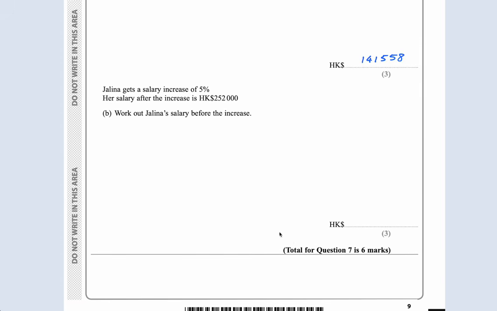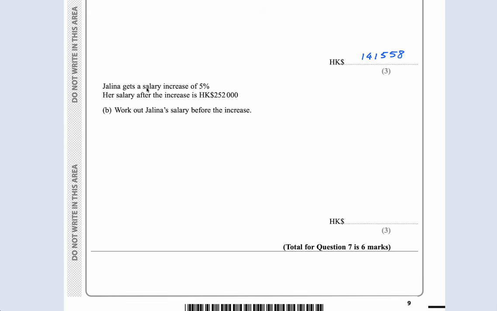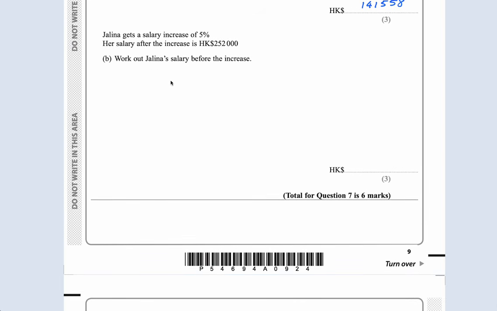Okay, part B. Jalina gets a salary increase of 5%. Her salary after the increase, be careful, after the increase is this. Work out Jalina's salary before the increase. So slightly complicated question, guys, because this is what we call reverse percentages. So the increase, this is after the increase. So I'm going to bring in a variable here. I'm going to say, what was it before? Let's call it X. So a bit like the previous example, the Hong Kong dollars.